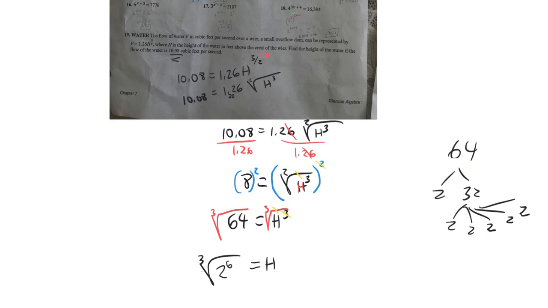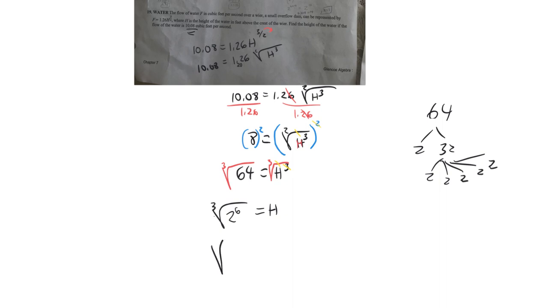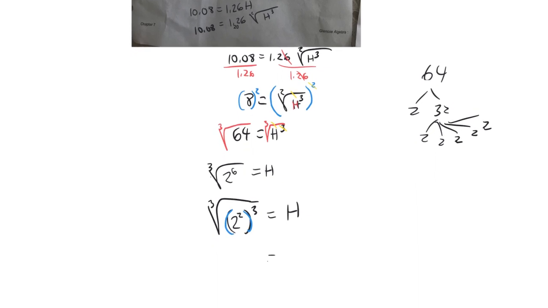And using our previously mentioned strategy, 2 to the 6th is secretly something to the third power, namely 2 squared to the third power. Who gets out of jail? This blue parentheses gets out of jail. So therefore, h is equal to 2 squared, which is 4. So that's the answer to that one.